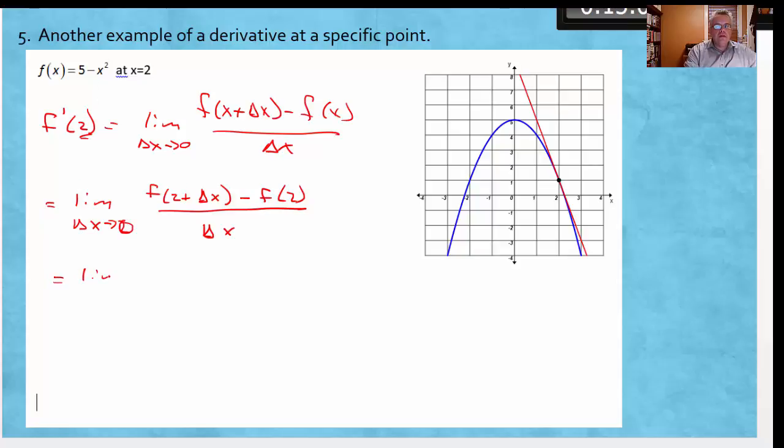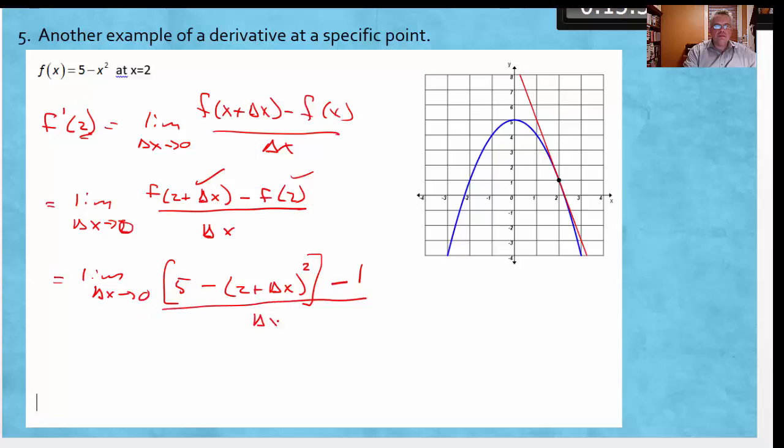So this is the limit as delta x goes to 0. I'm going to stick 2 plus delta x in there. So this would be 5 minus parentheses 2 plus delta x squared, all of that, that's the first thing here, minus f of 2. If we substitute 2, 5 minus 2 squared is 5 minus 4, which is 1. So I'm just going to write minus 1 all over delta x.